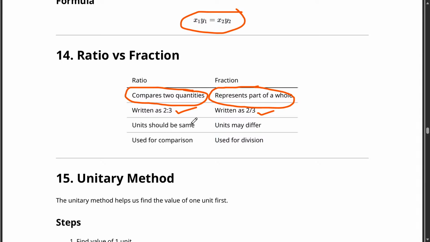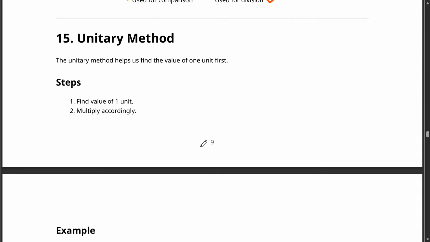In ratio, units should be the same, and in fraction, units may differ. We use ratio for comparison, and we use fraction for division.